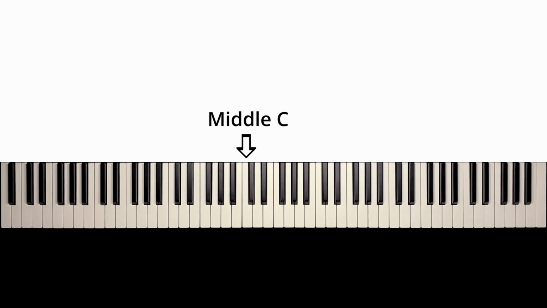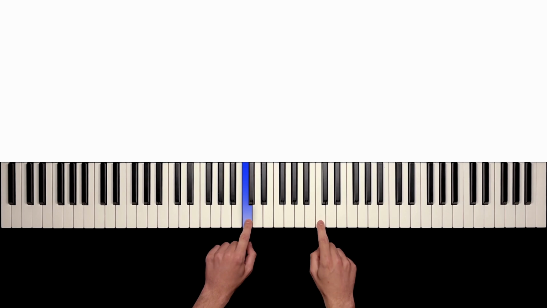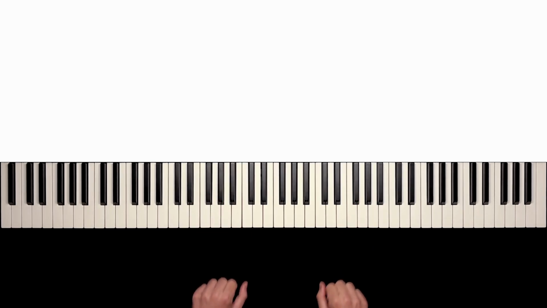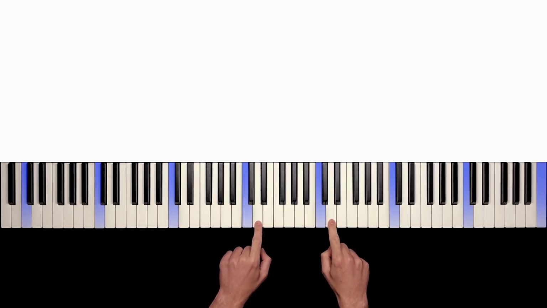All of these Cs share the same name because when you play 2 of them together, they sound so similar that we perceive them as higher or lower versions of the same note. Of course, this is true for all other keys as well. The white key to the right of each C is also considered the same note across the whole keyboard.